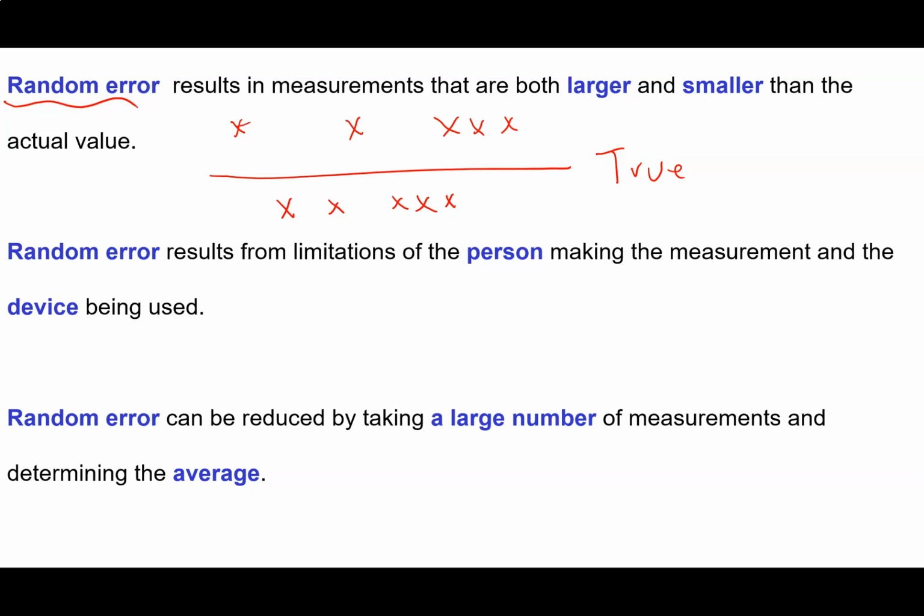Even though you've provided training to the person, you've constructed the device as best as you can, and you're using it in a completely appropriate manner, you're still going to get random error. How we get rid of random error is by taking a large number of measurements and averaging them. Hopefully you have as many measurements that are too big as too small, and as a result your average will be pretty good because your errors will literally cancel out.